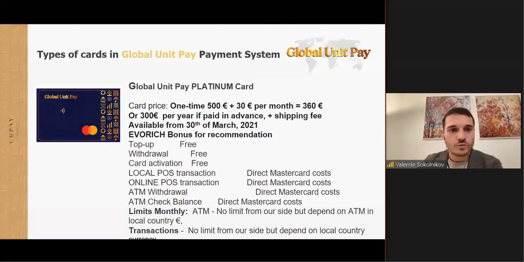And every time you pull out this card, everyone will see it and will ask you, what kind of card is it? And what kind of symbols are those? And everyone will want to have it as well. And then you recommend them this card, and you will get an Evorich bonus for recommendation.